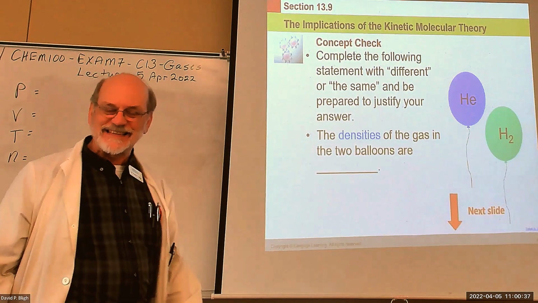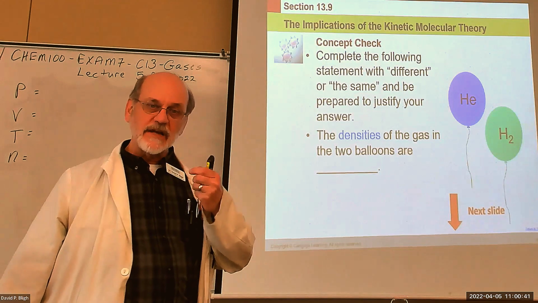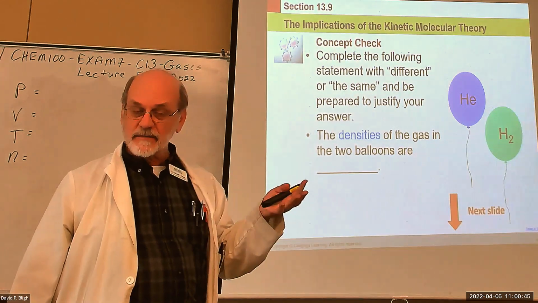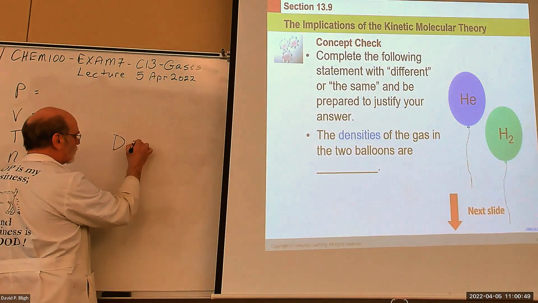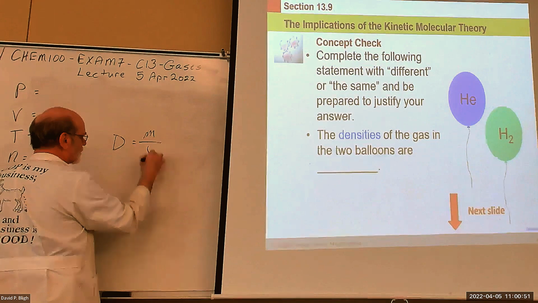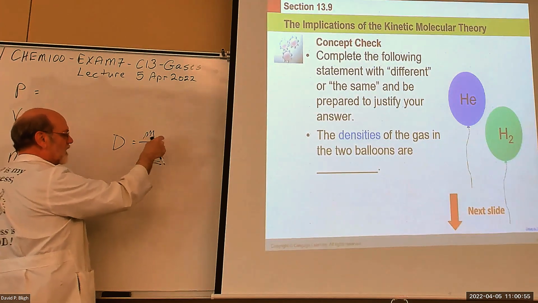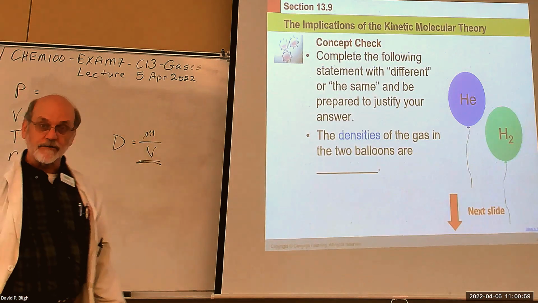How about the densities? What's the density? The density relates to the mass in each balloon. They're the same volume, so if their volumes are equal, the only thing that can vary to make the densities different is mass. Do we have different masses? Yeah.